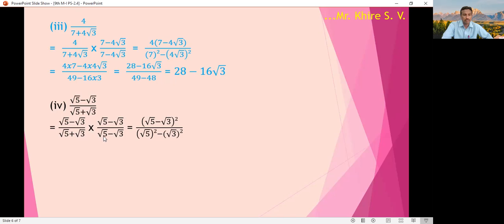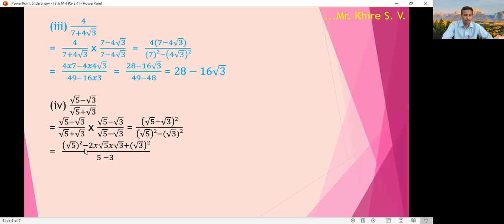Root 5 plus root 3 and root 5 minus root 3, a plus b and a minus b again, a square minus b square, that is root 5 square minus root 3 square is equal to root 5 whole square. Here, in numerator, a minus b whole square is there. Formula is a square minus 2ab plus b square. Use it here.